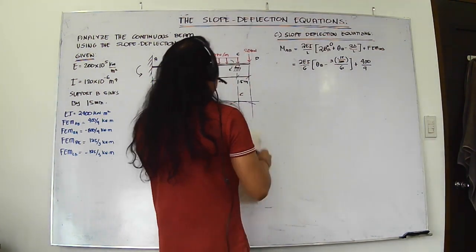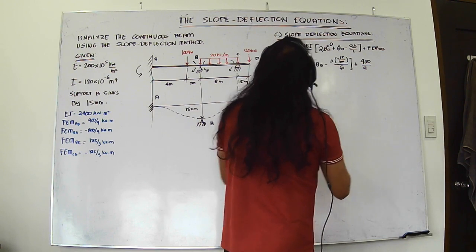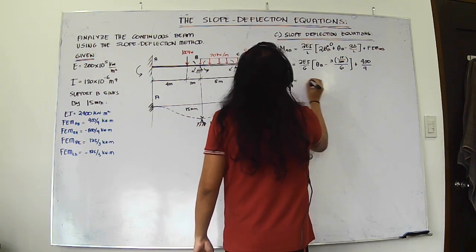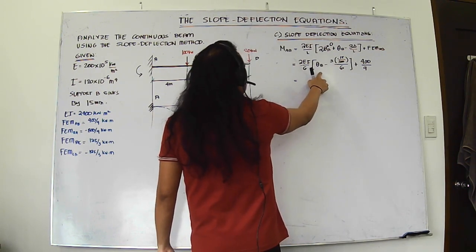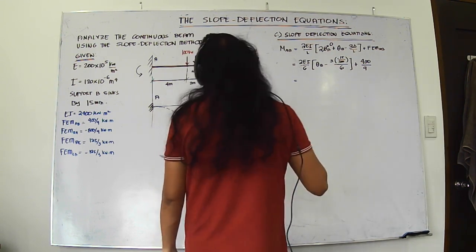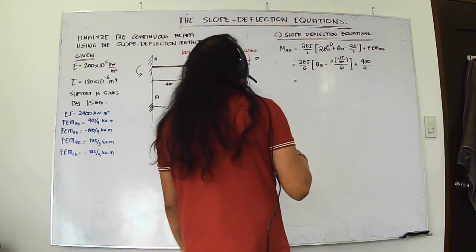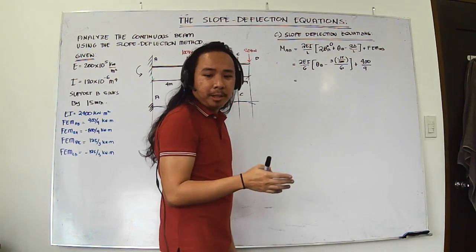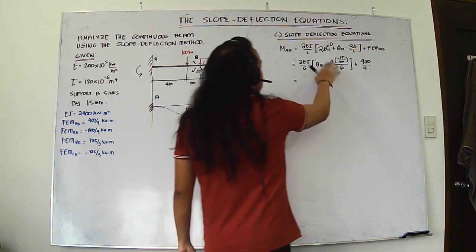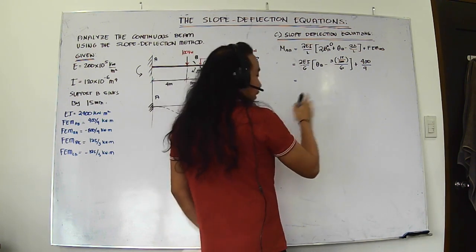Further simplification. Of course, I will keep EI as is. EI stays as a symbol because it gets messy to multiply by 2,400 when dealing with angles. As much as possible, we keep EI as the symbol to keep our solution organized, okay? But for the deflection case, substitute it here so it doesn't get mixed up. What do I mean?